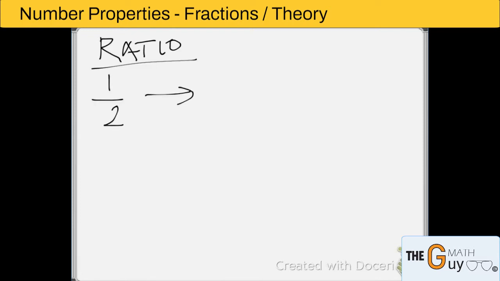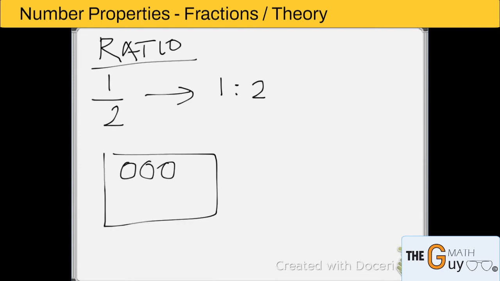Ratios. Before looking at the problem, let's just quickly look at ratio as well. Ratios are just fractions. So when you say half, this can be converted into 1:2. That's a ratio. So let's say there's a box and it has 3 red balls, and then 4 blue balls.